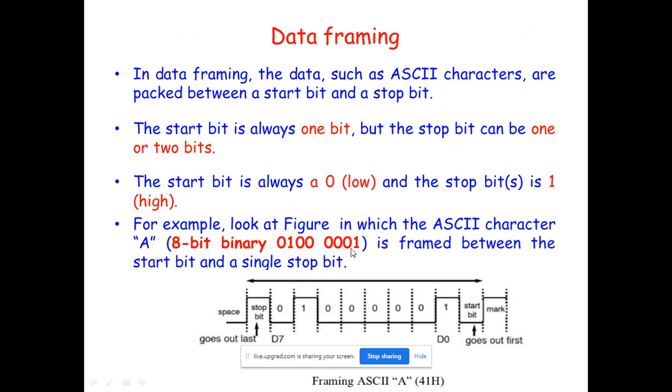Suppose your data is A, a character you want to transmit from one device to the other. The ASCII value of A is nothing but this number. This value is not passed directly; first the data is converted into a package.